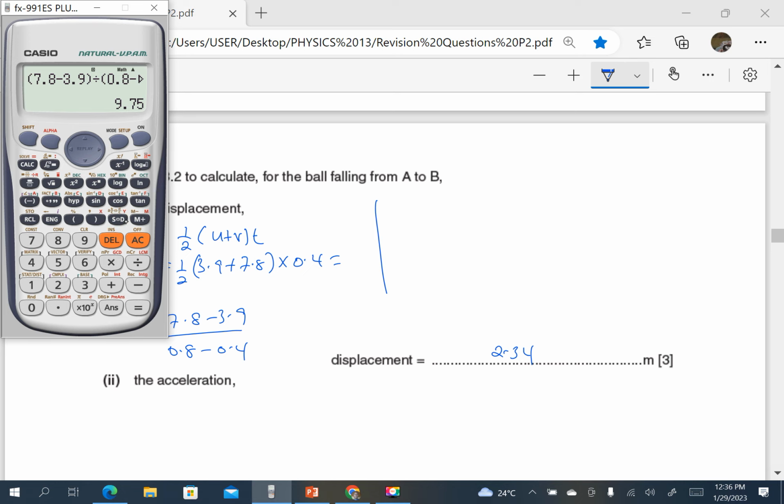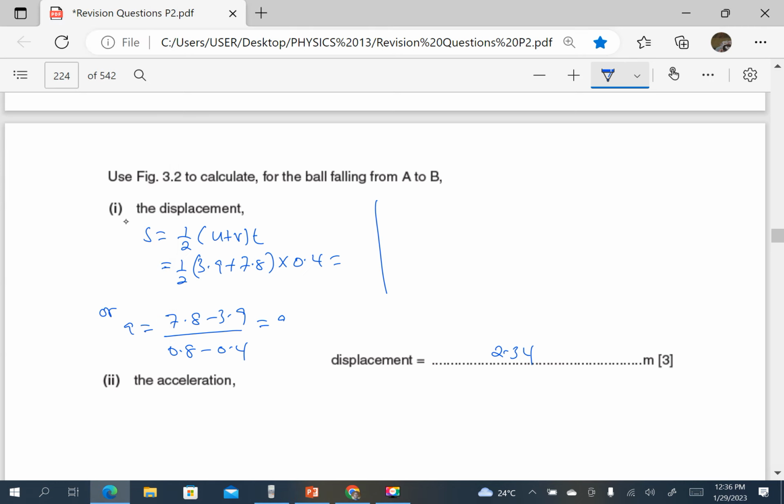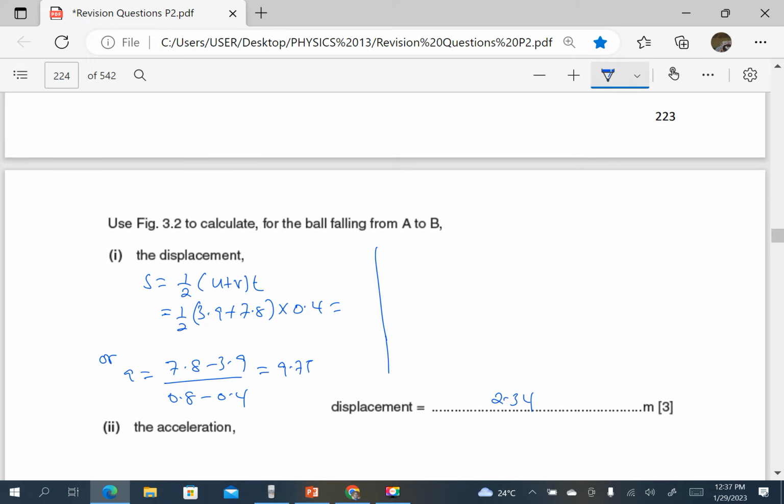So that is 9.75, that is the acceleration. That means we can now use any other equation which has acceleration. For example, v equals u plus at, v squared equals u squared plus 2as. Let me use one of those, v squared equals u squared plus 2as.